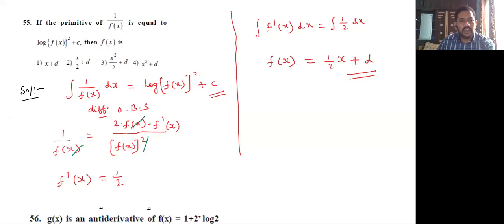We get 1 by f of x equal to the logarithm of f of x whole square. Do the differentiation. Finally, f dash of x value is 1 by 2. Integration f dash of x dx is equal to integration 1 by 2 dx. To eliminate the derivative, apply the integration. So we get the answer.